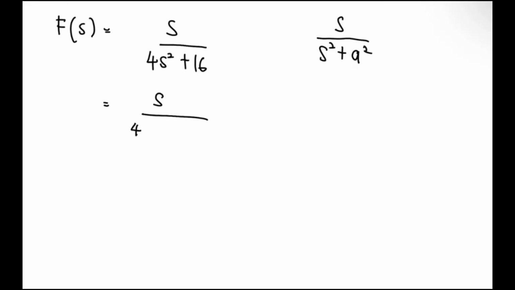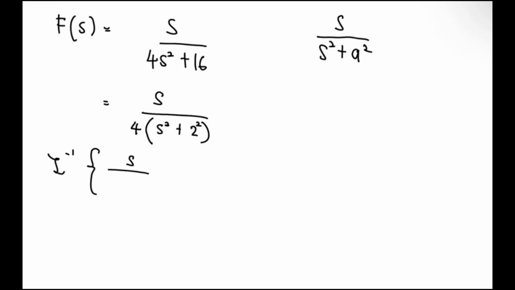So 4 outside, and you have s squared plus 4 inside, since 4 times 4 is 16. The 4 inside can also be rewritten as 2 squared. So s over 4 times (s squared plus 2 squared). So the inverse Laplace of this function, 4 over s squared plus 2 squared, this 4 you can put outside.